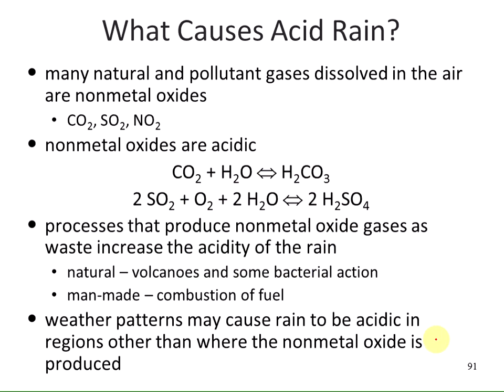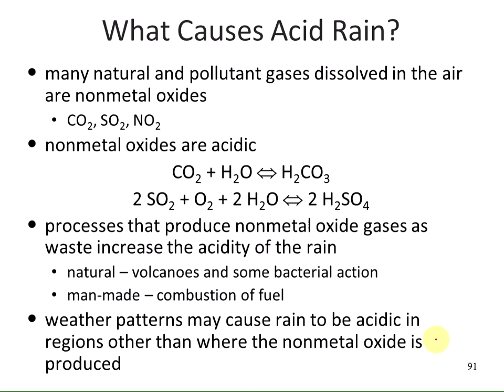Many natural and pollutant gases dissolved in the air are non-metal oxides. For example, there's SO2, there's carbon dioxide, there's NO2, and these non-metal oxides are acidic. For example, carbon dioxide dissolving in water to make carbonic acid. Sulfur dioxide will make sulfuric acid. And there are also processes that produce non-metal oxide gases as waste, and this increases the acidity of rain.